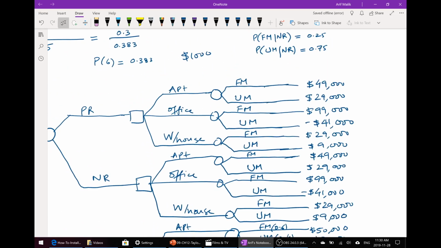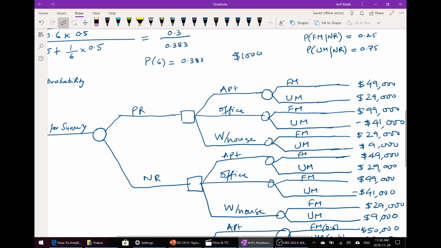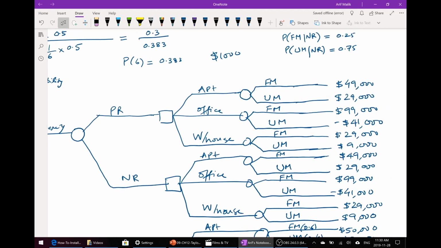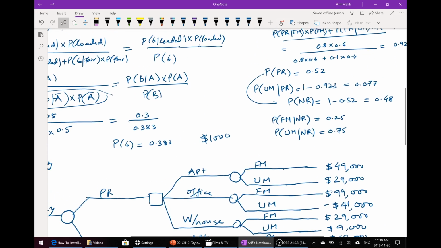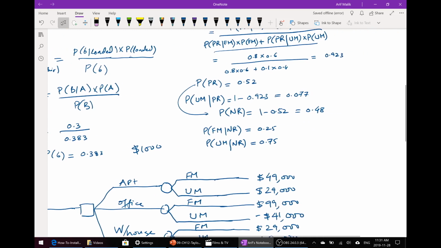If we go for the survey, and we have a favorable market, given that the positive report has come, we already have worked out the probability, and that is 0.923.